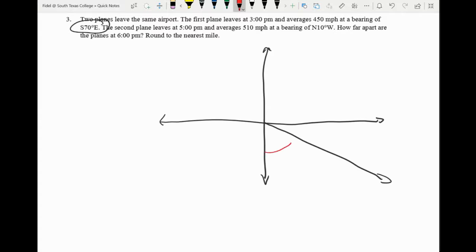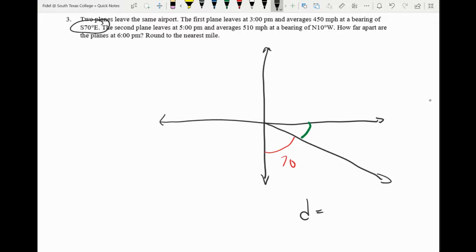The 70 degrees, is it this angle here or is it this angle here? What do you think, the red or the green? The red, right? Remember, y'all, when we're doing bearing, the angle is always formed with the north-south line, the line that's going up and down. So the red is the 70 degrees, okay? Second thing I want to do, I want to figure out how long is that stretch. Didn't they give me some information?